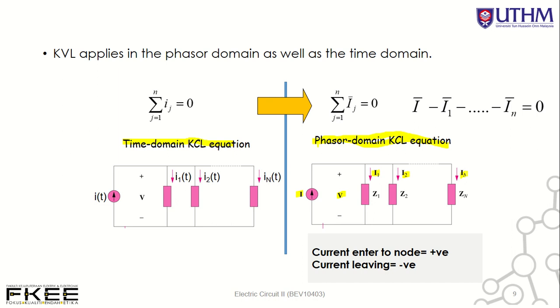So KCL for the phasor domain circuit: capital I minus I1 minus I2 minus In until n elements equal to 0. It is the same for time domain or phasor domain. The difference is how we write the notation for current and voltage: for the phasor domain we need to use capital letters, for example this current.